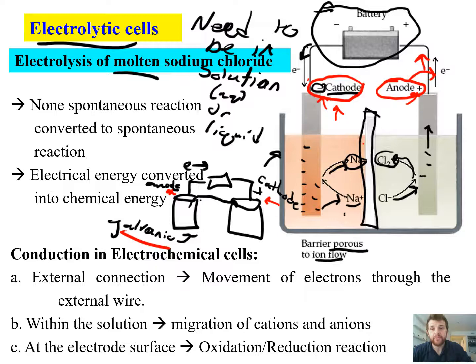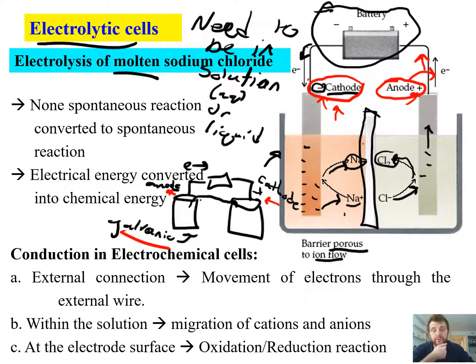Here what we have is the battery, where we are going to be adding in energy. Sorry, not energy, current. The electrons flow to the cathode, which is the negative terminal, but we still call it the cathode, because remember, a good way, the way Lars put it, is the cations go to the cathode and turn into a solid.